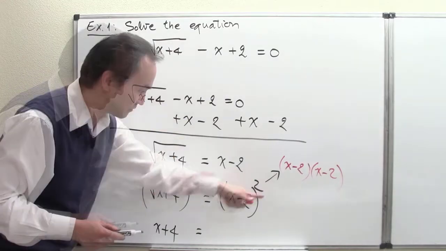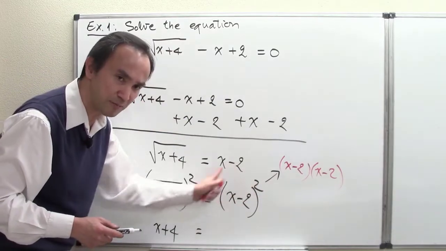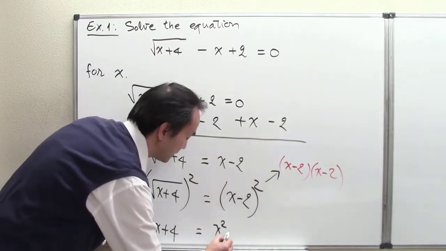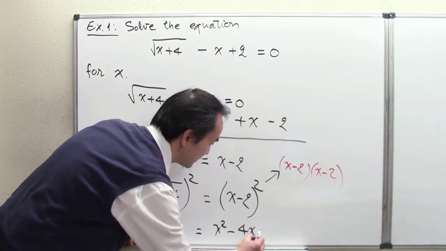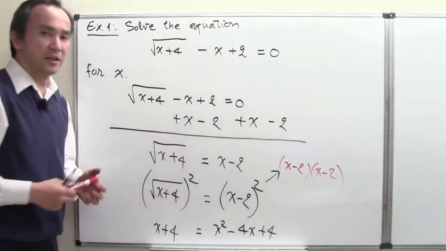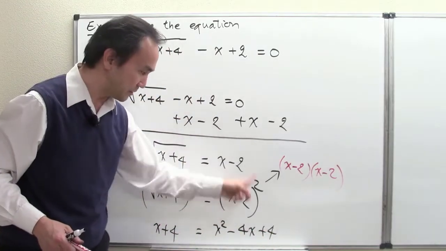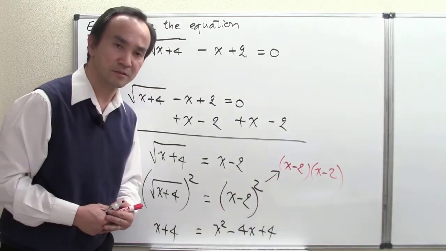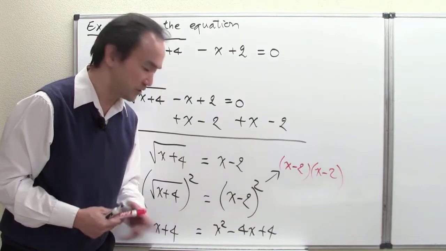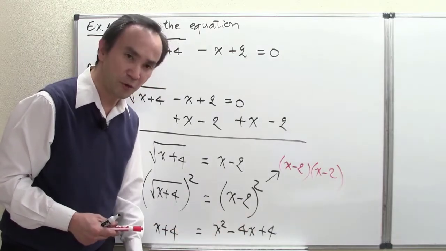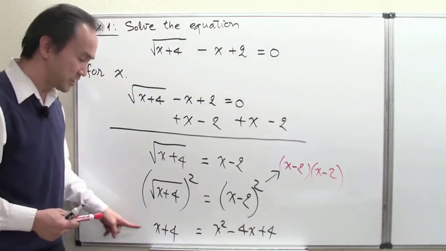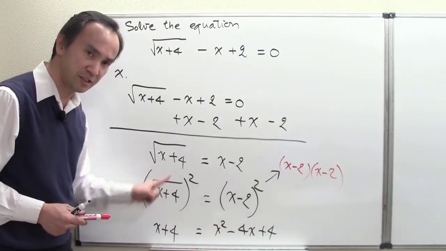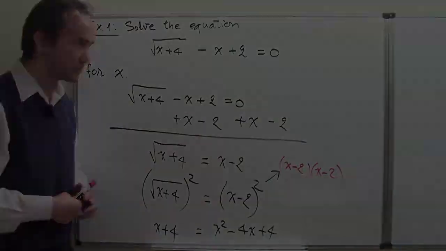I'm going to come up to the next step as quickly as x squared minus 4x plus 4. I took that as a perfect square, but you can also take your time foiling out those two identical factors to get to x squared minus 4x plus 4. This is now what we call the resulting equation after squaring both sides of our equation.